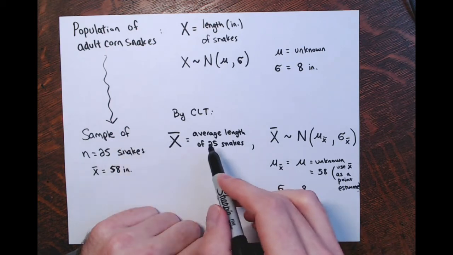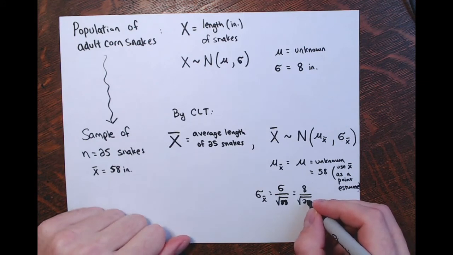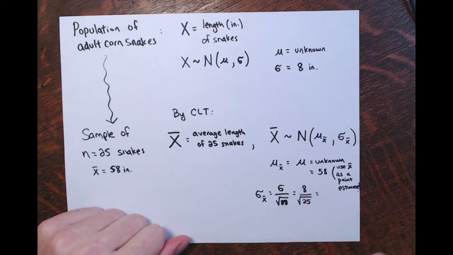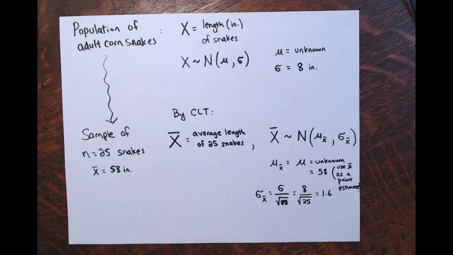These x bars are average lengths for groups of 25 snakes. So this is just 8 divided by 5, that's 1.6. That's nothing I need the calculator for. And then I can draw a little picture of this if I want.